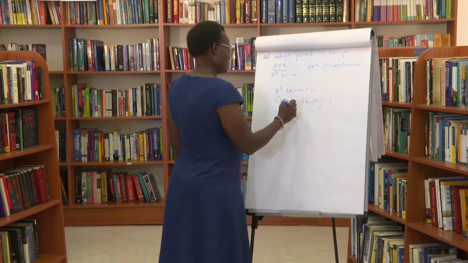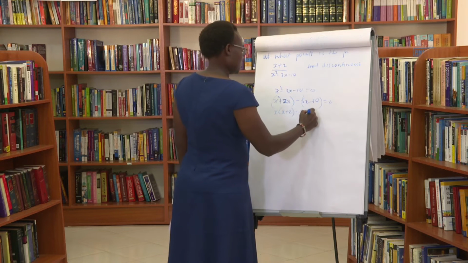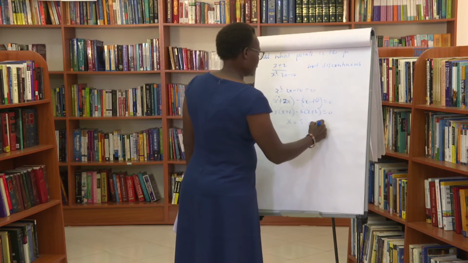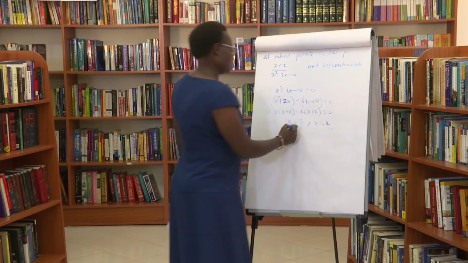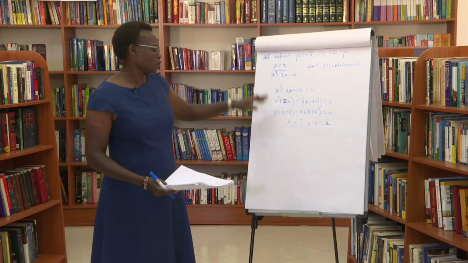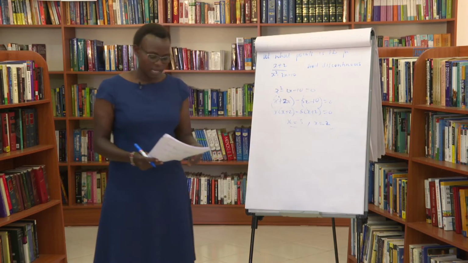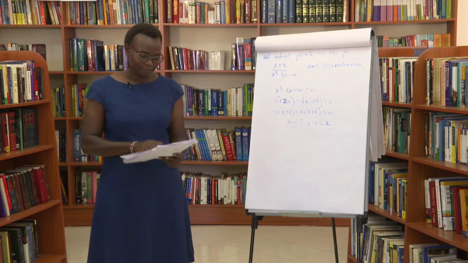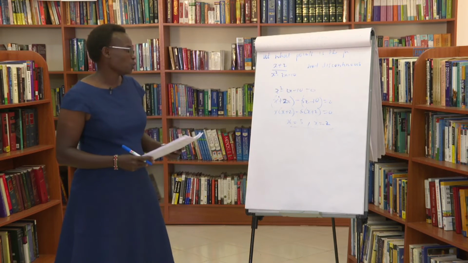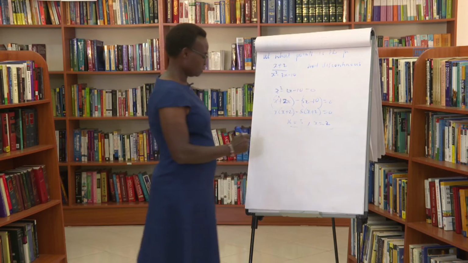This is x squared minus 5 into x plus 2. So x equals 5, x equals negative 2. So at those 2 points, that's where this function is discontinuous. It's discontinuous at x equals 5, and it is also discontinuous at x equals positive 2. Then we move to the intermediate value theorem.